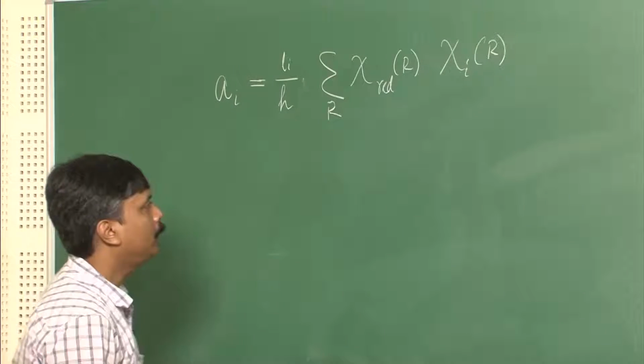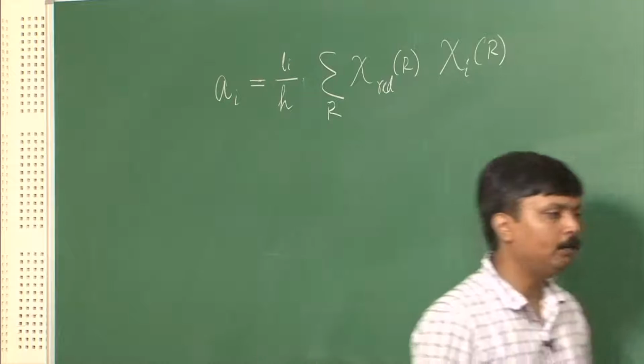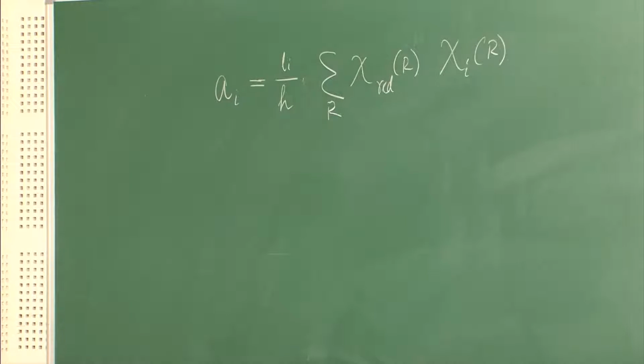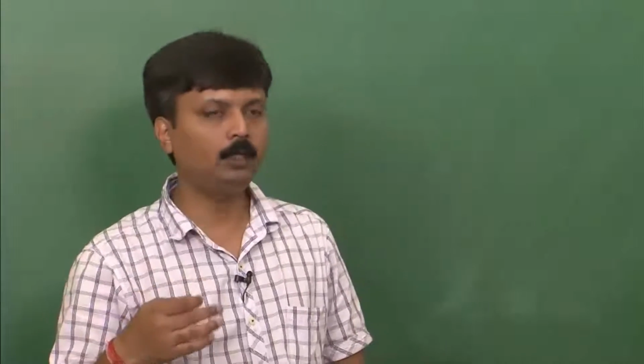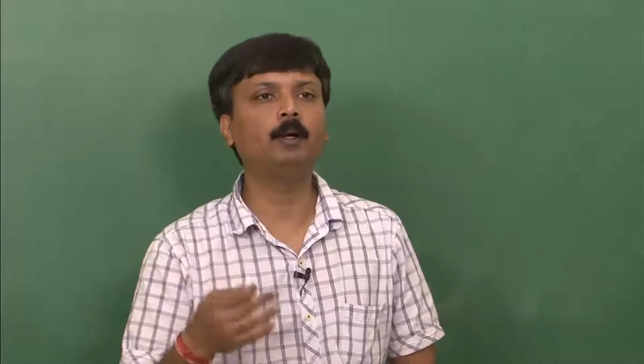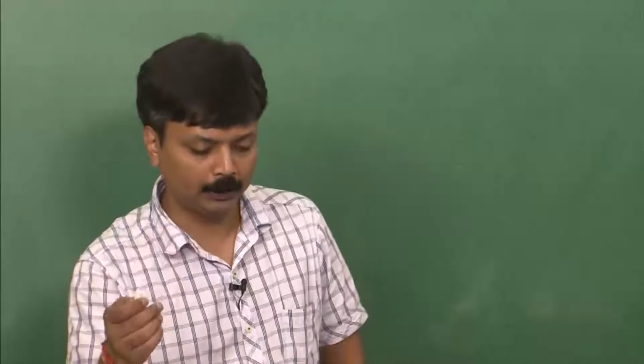This one we know. Now what we are talking about here, that is this reducible representation. We are talking about the representation that is formed by the direct product of two irreducible representations.